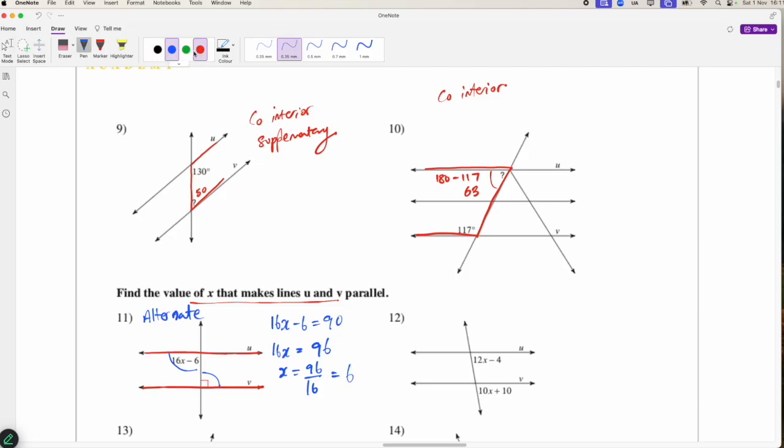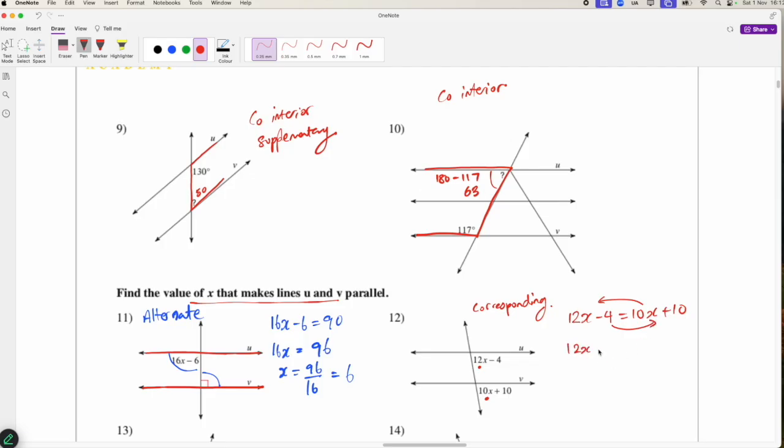In this case, we could see that the two parallel lines, this is on the bottom of the line, this is also on the bottom of the line. They are both in the same place, so they are corresponding. Corresponding means that they are equal. So 12x minus 4 is equal to 10x plus 10. I could throw the 10x on this side and the minus 4 on that side.